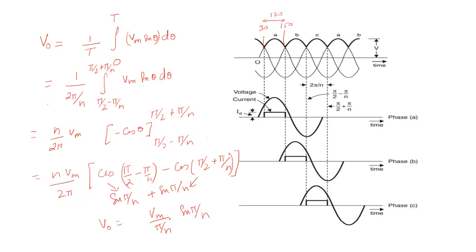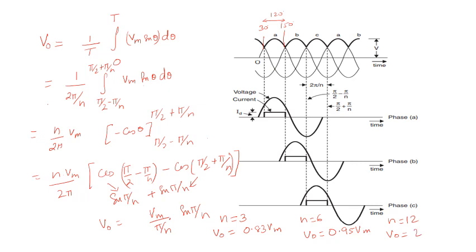Now if you change the number of pulses, put n equal to 3, you will get V naught equal to 0.83 Vm. Similarly, put n equal to 6, you will get V naught equal to 0.95 Vm. Go and check what you get for n equal to 12.